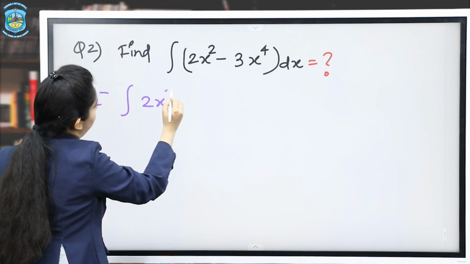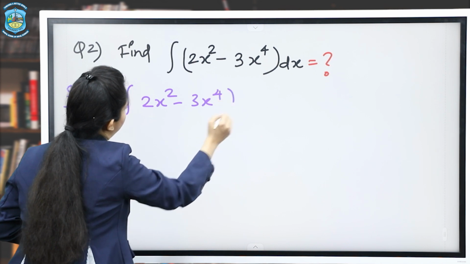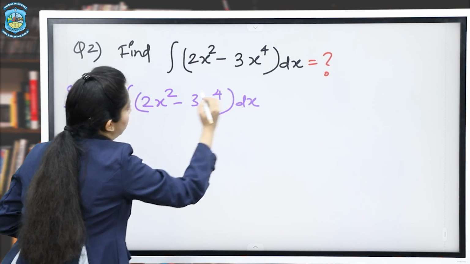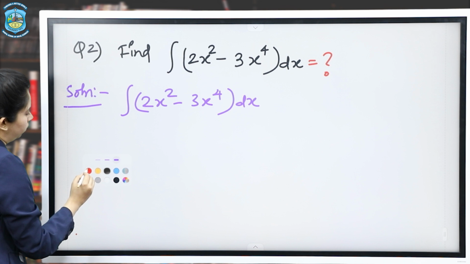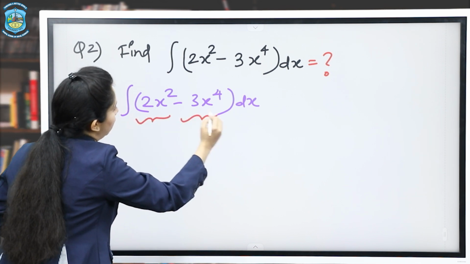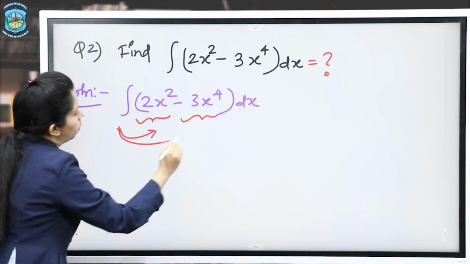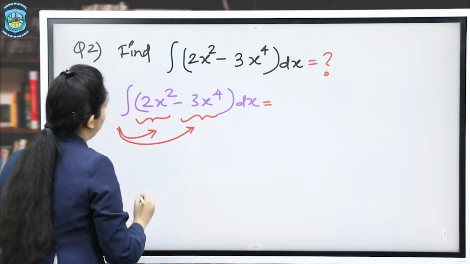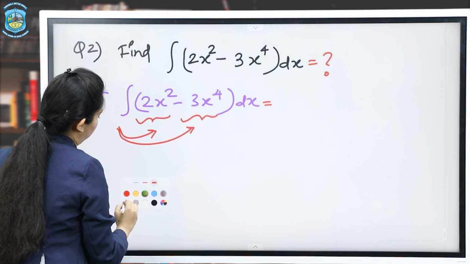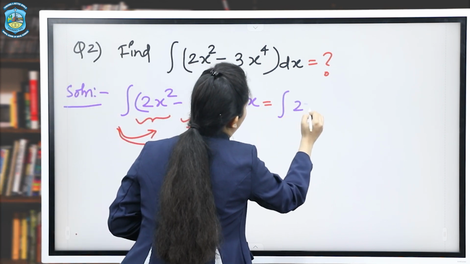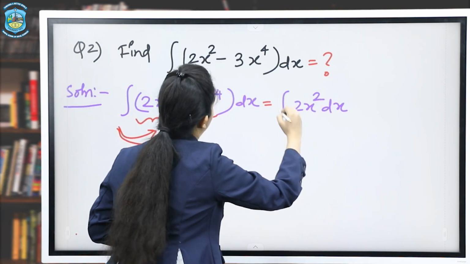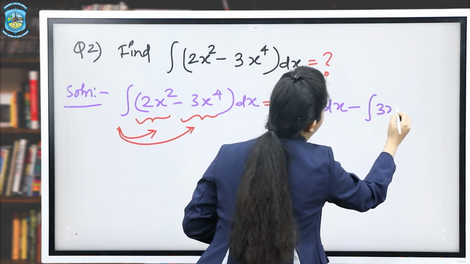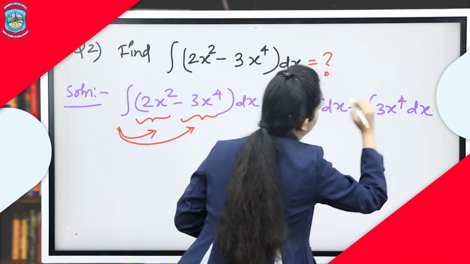Integral of 2x square minus 3x raised to the power 4 dx. Here we have two terms in this integral, so this integral will get distributed over both the terms. So this is equal to integration of 2x square dx minus integration of 3x raised to the power 4 dx.